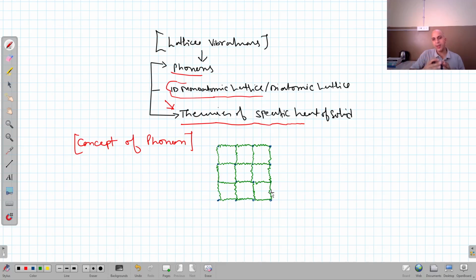Now, why am I saying that these atoms are connected by elastic springs or strings? Because we know very well, when pressure is applied on the solid or the temperature of the solid is increased, the individual atoms that are placed at different positions will try to change their position. If the temperature is increased, their thermal vibrations will increase. Now when their vibration increases, they try to leave their original position.